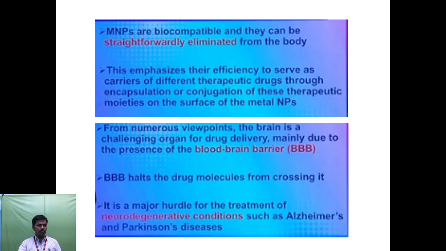From numerous viewpoints, the brain is a challenging organ for drug delivery, mainly due to the presence of the blood-brain barrier. The blood-brain barrier halts the drug molecule from crossing it. It is a major hurdle in the treatment of neurodegenerative conditions such as Alzheimer's and Parkinson's diseases.